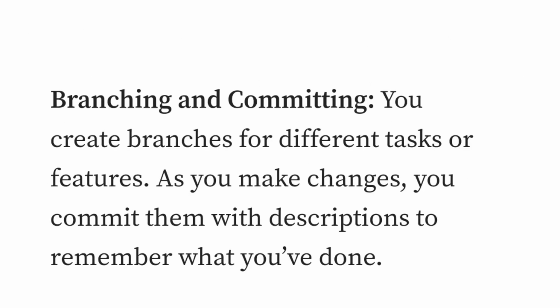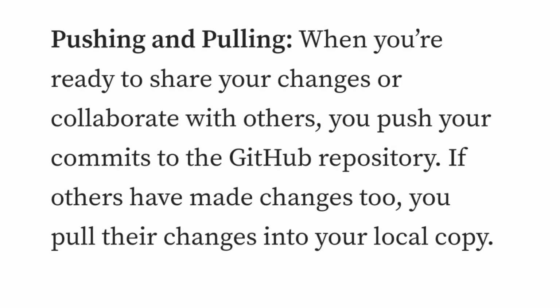Branching and committing. You create branches for different tasks or features. As you make changes, you commit them with descriptions to remember what you changed. Pushing and pulling. When you're ready to share your changes or collaborate with others, you push your commits to the GitHub repository. If others have made changes too, you pull their changes into your local copy.